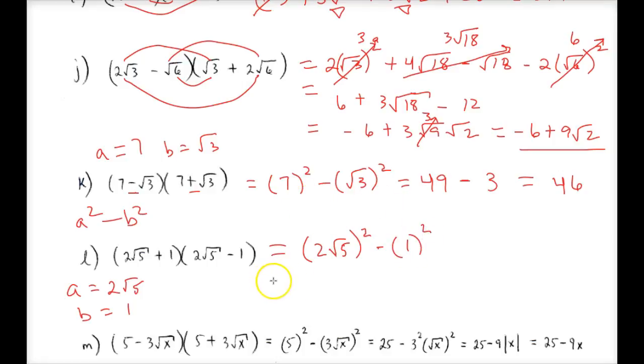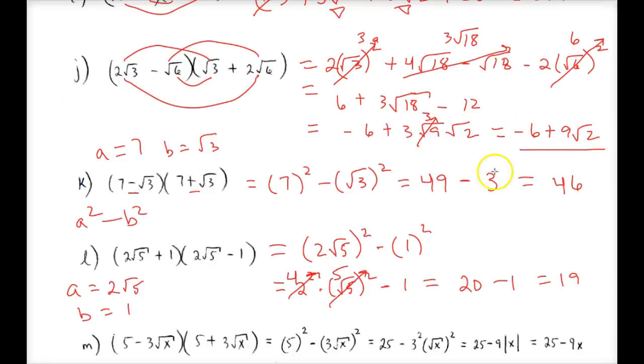And we know that 2 times square root of 5 squared is just 2 squared times square root of 5 squared, minus 1. Square root of 5 squared is just 5, and 2 squared is just 4. So 4 times 5 is 20, minus our 1. The answer is 19.